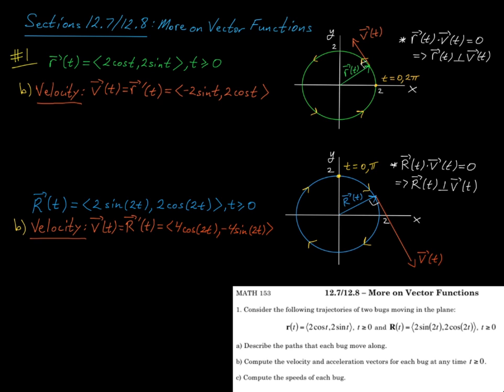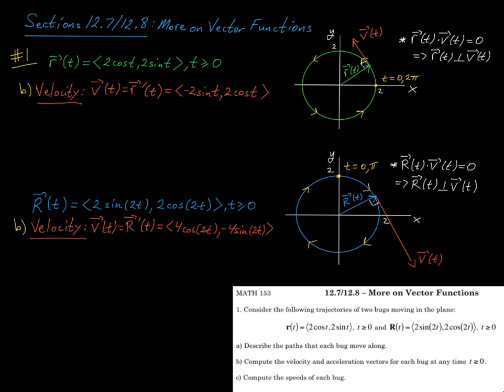Now in the last two sections, we saw that the velocity vector, in other words the derivative vector, always points in the tangential direction to our path in the direction of increasing t. So if we're located at the tip of this green position vector right here in quadrant 1, the direction of increasing t is indicated by these yellow arrows. This is a counterclockwise parameterization.